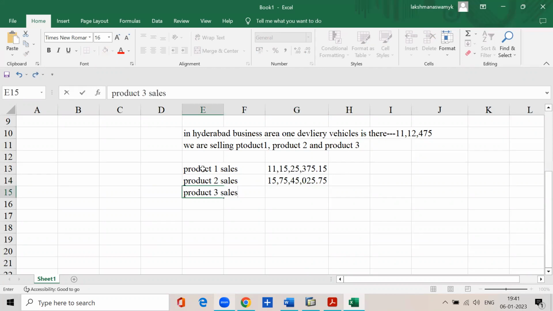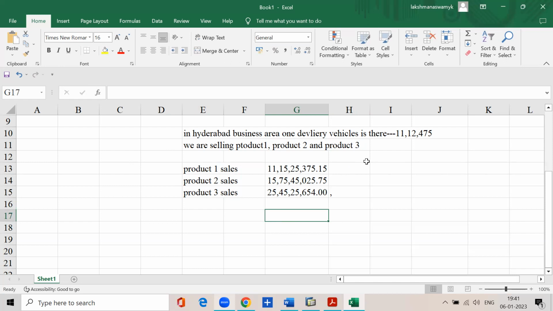Product three sales, 25 crores, 45 lakhs, 25,000, 654 rupees. So if you want to prepare the balance sheet, this 11 lakhs 12,475 acquisition cost of the vehicle is to be apportioned among these products in this ratio. Calculate the ratio.